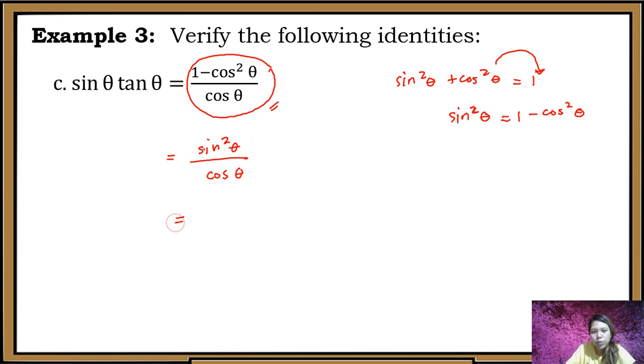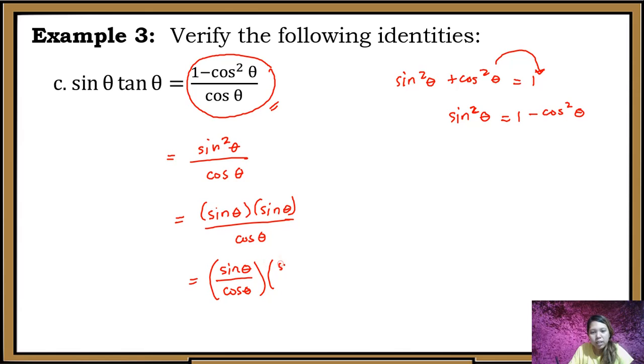Take note that sine squared theta can be written as sine theta times sine theta over cosine theta. I'll break this down. So this will become sine theta over cosine theta times sine theta.